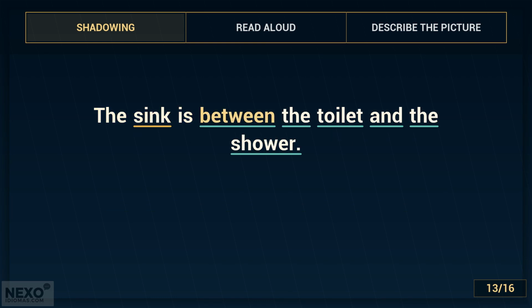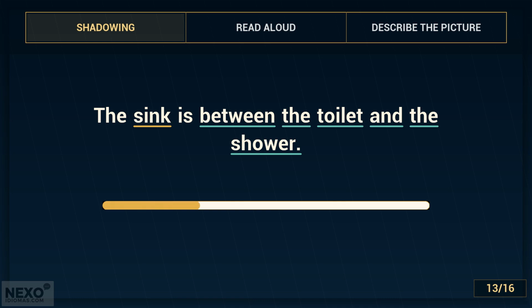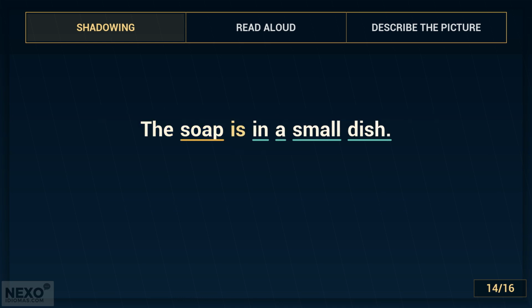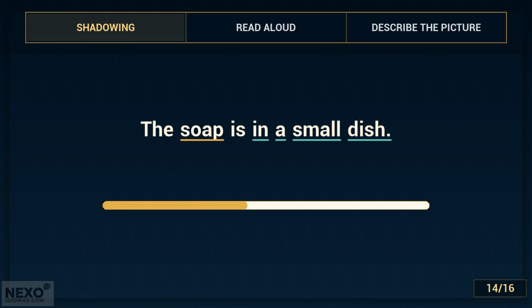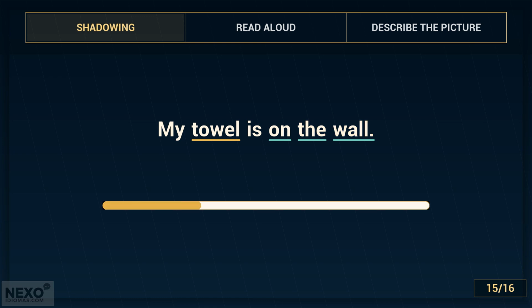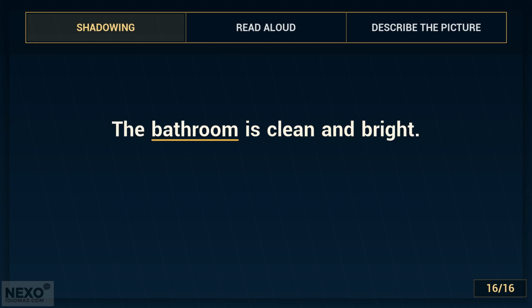The sink is between the toilet and the shower. The soap is in a small dish. My towel is on the wall. The bathroom is clean and bright.